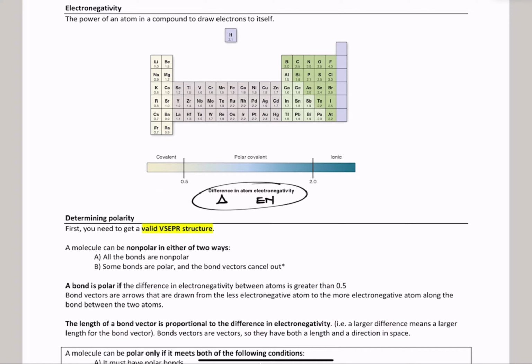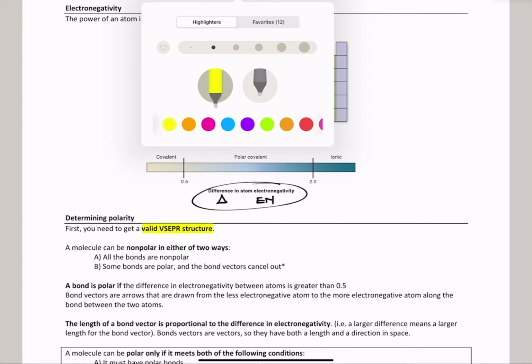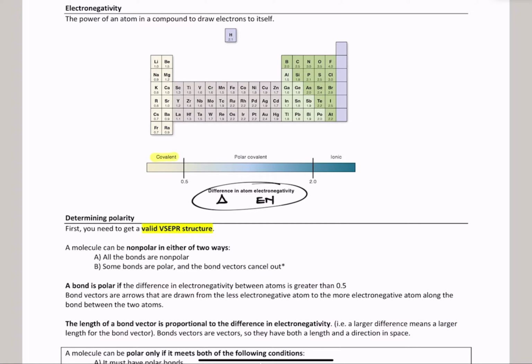When the delta EN is less than 0.5, then the bond is covalent.